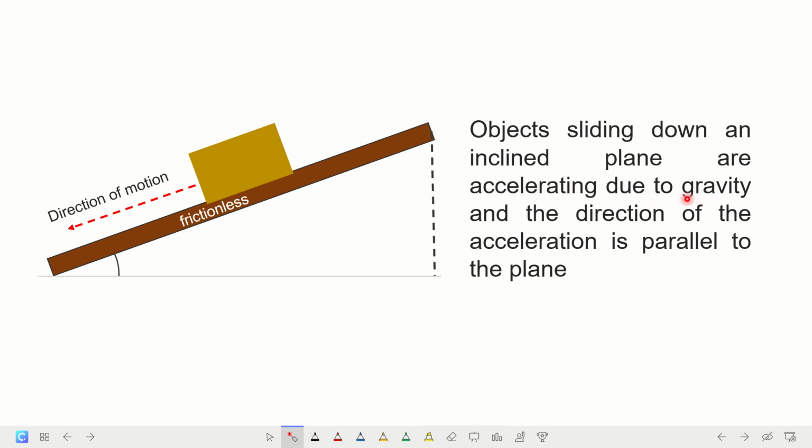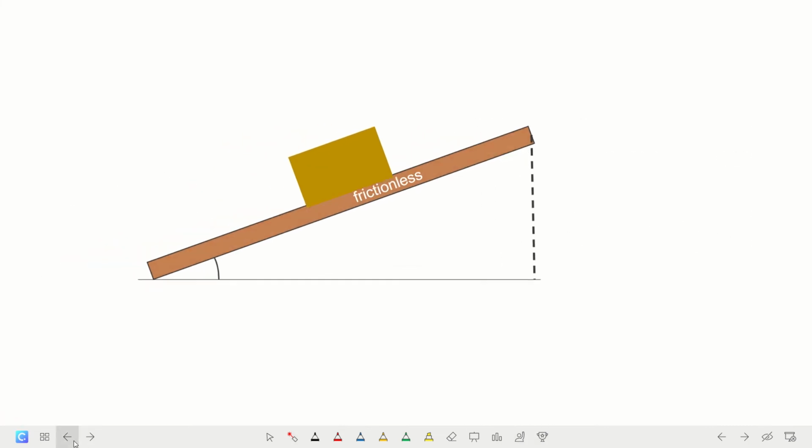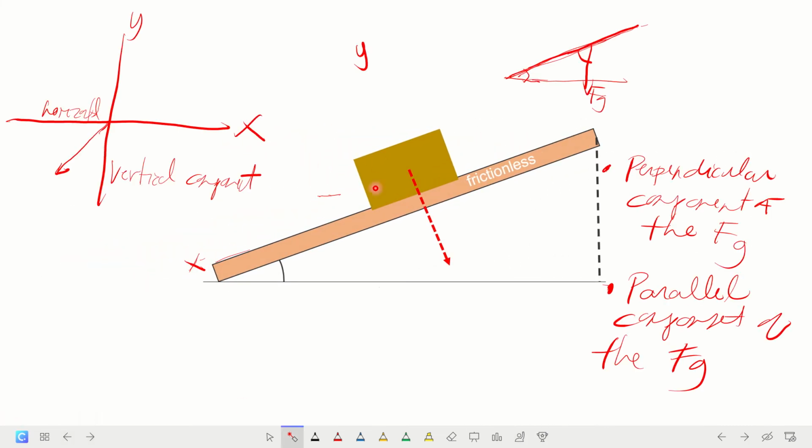So sabi natin kanina, 'di ba, sa previous slide natin, that objects sliding down on an inclined plane are accelerating due to gravity, and the direction of the acceleration is parallel to the plane. So therefore, since the acceleration of the body is parallel to the plane, then the force that is causing the acceleration of the body is the force that is parallel to the plane, because as you can see, the perpendicular force, or the f of g of y, is cancelled by the normal force.